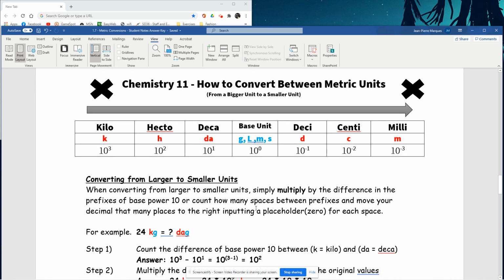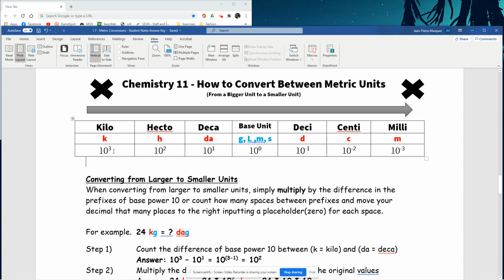What you're going to do is you can do this in two ways. You can take both of the exponents of your starting unit and your unit you're converting into and subtract them. The difference between them is the number of places your decimal place will move in your answer. Okay? So, kilo is here.